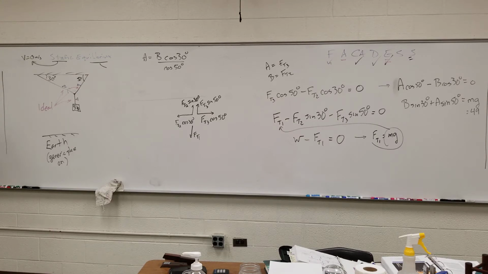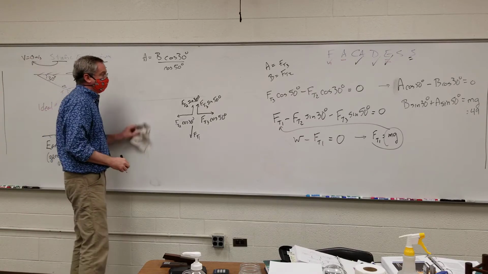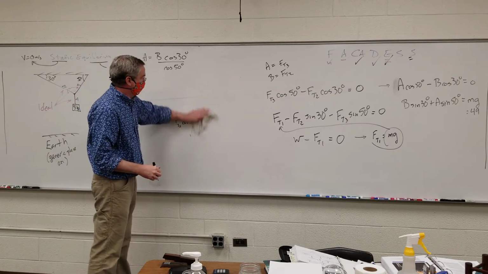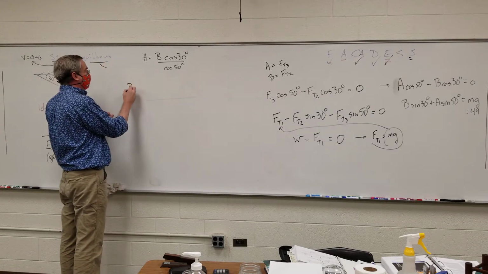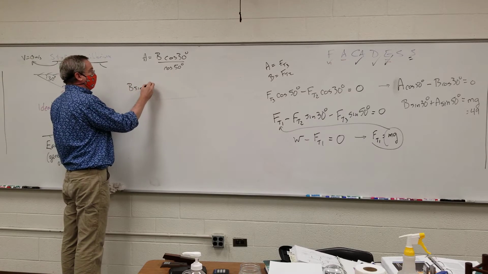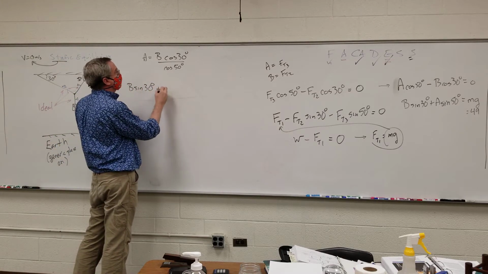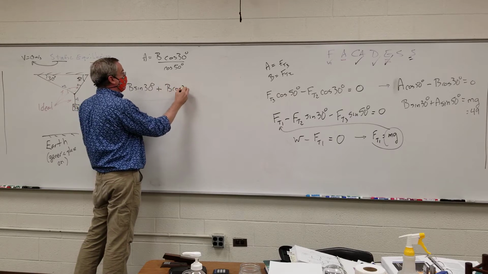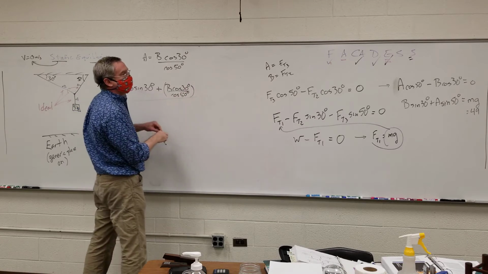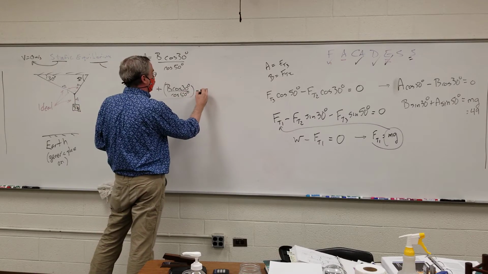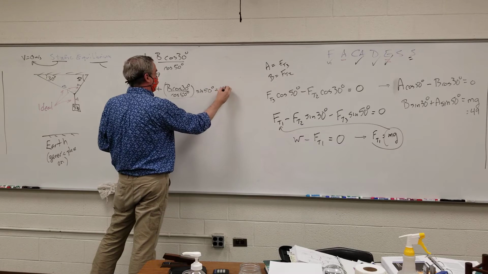Take a moment to convince yourself I did not make a careless error, or to convince yourself that I did, and let me know. That seems right. And so plugging that into the second equation, I have B sine 30 degrees plus B cosine 30 degrees over cosine of 50 degrees times sine of 50 degrees is equal to 49.